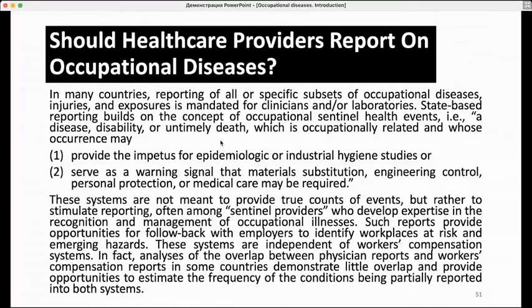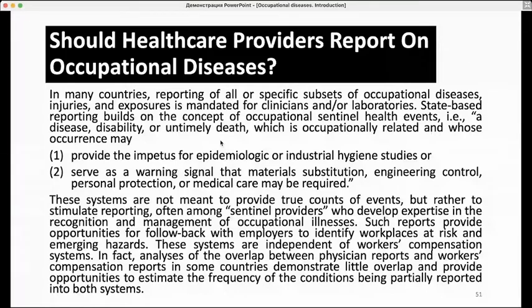State-based reporting builds on the concept of occupational sentinel health events, so a disease, disability, or untimely death which is occupationally related and whose occurrence may provide the impetus for epidemiologic or industrial hygiene studies, or serve as a warning signal, a red flag, that material substitution, engineering control, personal protection, or medical care may be required for this kind of work.